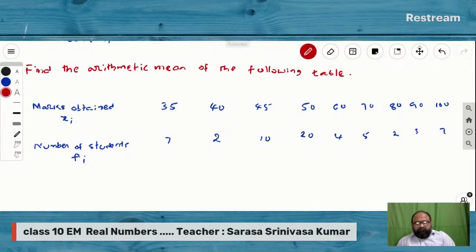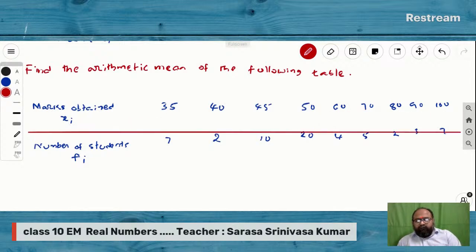So students, you try to solve this problem. You take this as an exercise, and we will solve another problem.